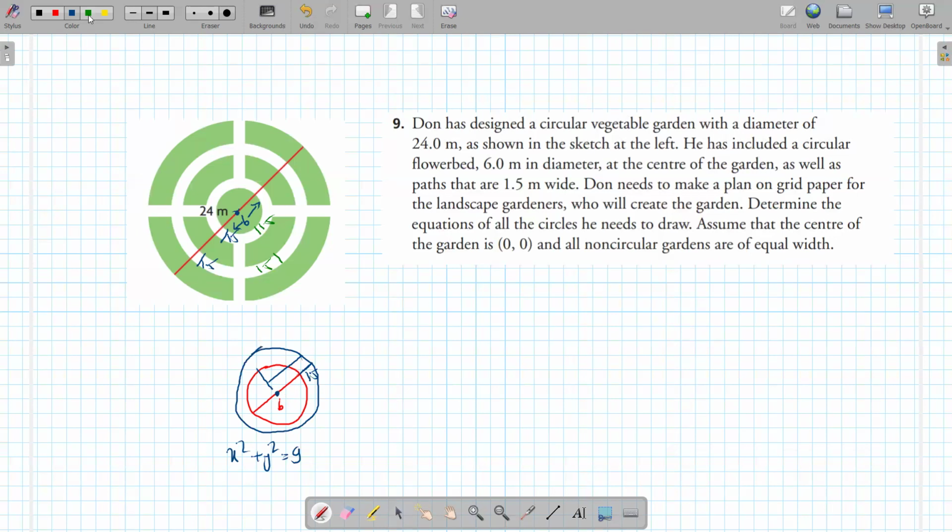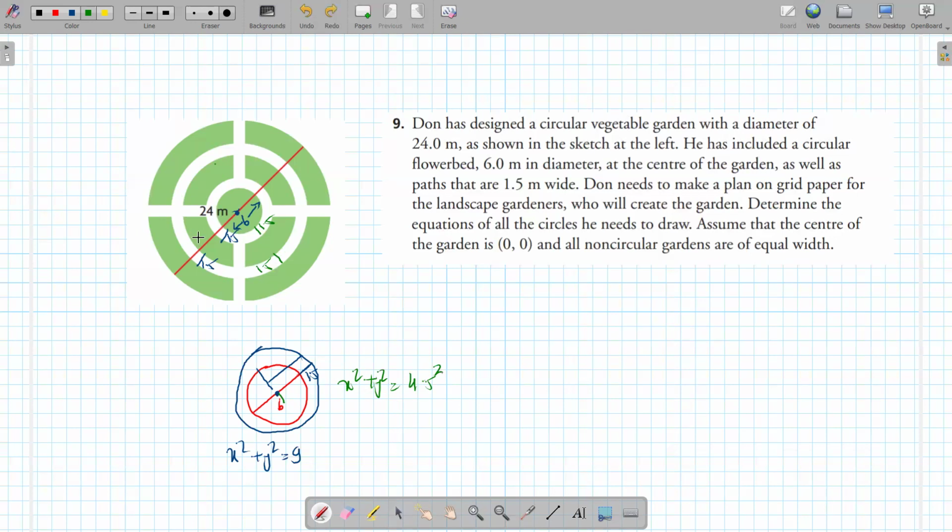So this was 3, right? Oh, so it's 4.5. That's 4.5. So the equation for that one will be x squared plus y squared equals 4.5 squared, whatever that is. So we did the first two, now I'm looking at this one.